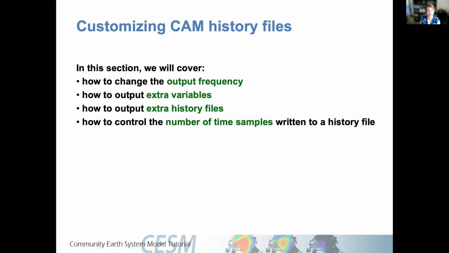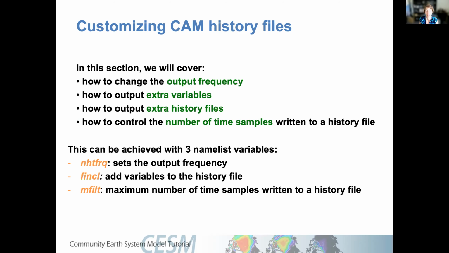I'm going to show you how to change the output frequency, how to output extra variables, how to output an extra history file (by default, you get the H0 file), and how to control the number of time samples that you have in one history file. All of this can be achieved with these three namelist variables.